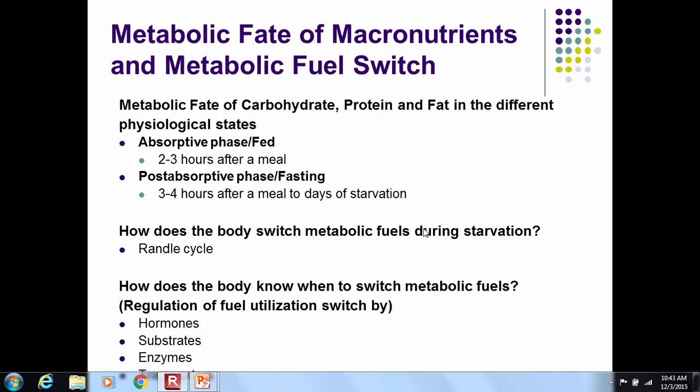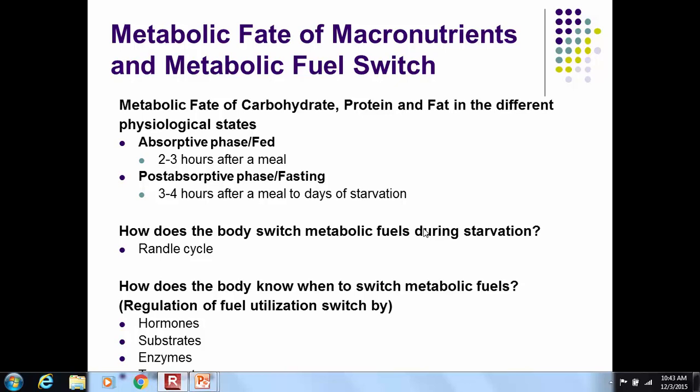We're also going to talk about how our body utilizes energy fuels differently between the absorptive phase and post-absorptive phase, and how our body knows to switch the fuel utilization from exogenous or dietary sources of energy to endogenous sources of energy. And there is also a switch between the different types of fuels.